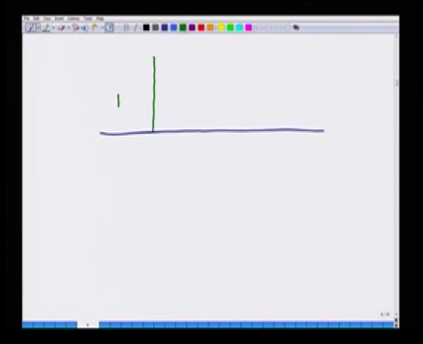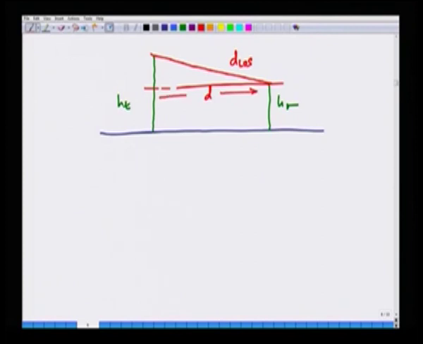We have height of transmitter is ht, we have height of receiver is hr. Hence, if I draw this line of sight component dLOS, let us look at this triangle. This distance is the horizontal distance, which is d, and also I have the height of this triangle, which is now ht minus hr.